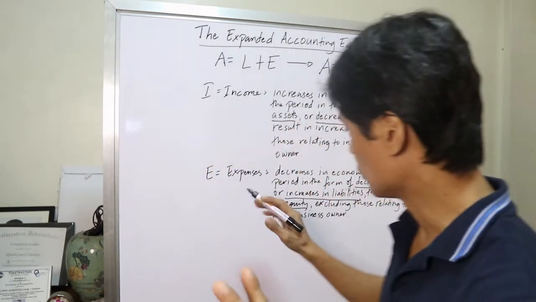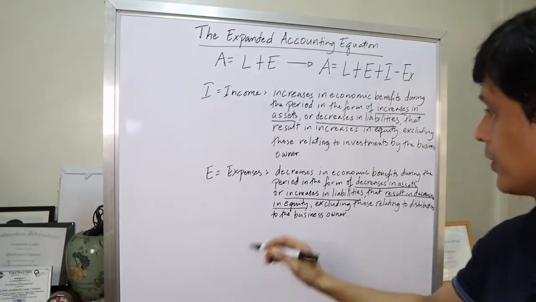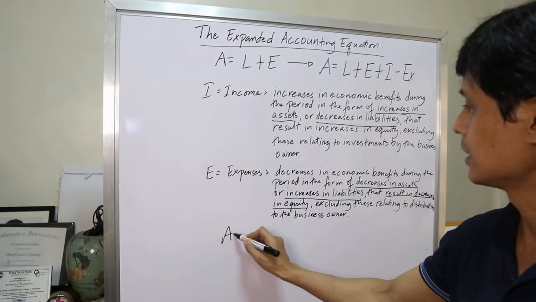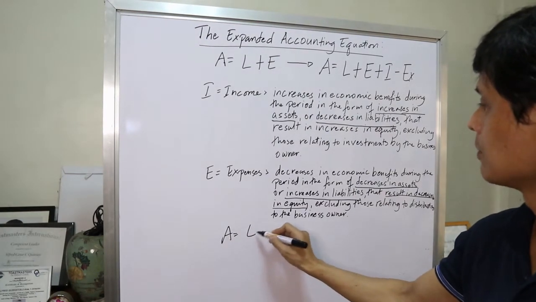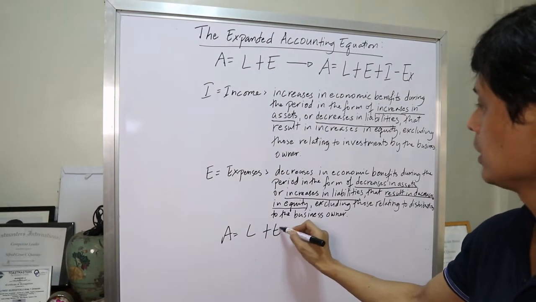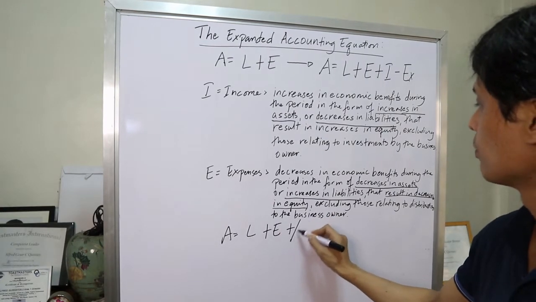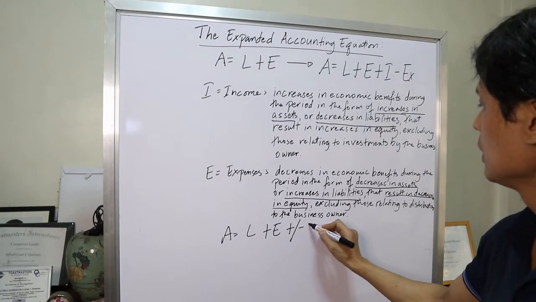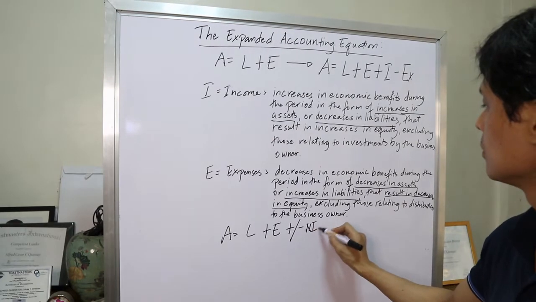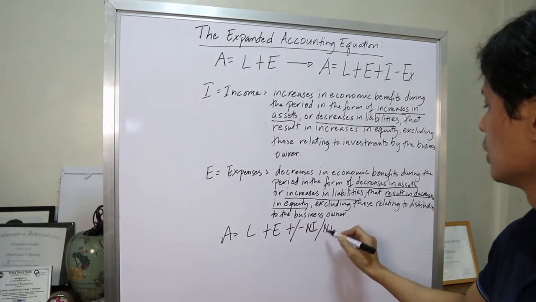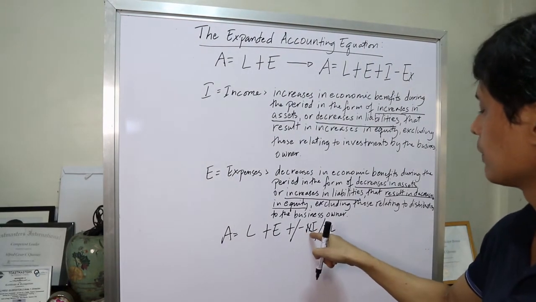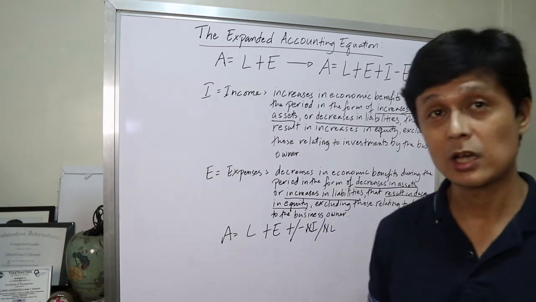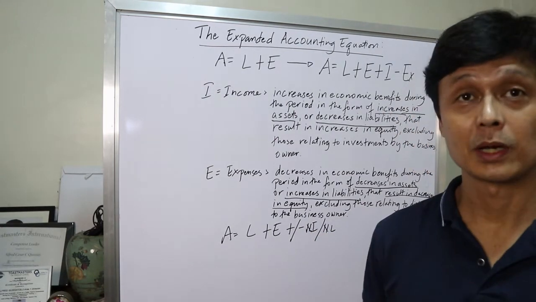So ito yung tinatawag na, to further illustrate that, to expand that, no? So assets is equal to liabilities plus equity plus or minus net income or net loss. So plus pagka net income, minus naman pagka net loss.